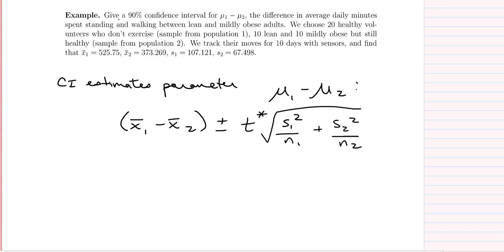Give a 90% confidence interval for mu1 minus mu2, the difference in average daily minutes spent standing and walking between lean and mildly obese adults.